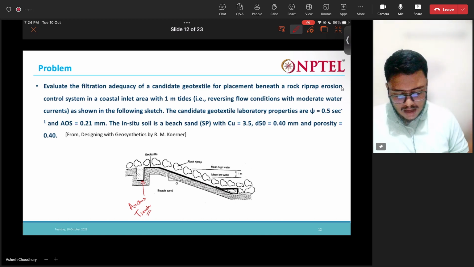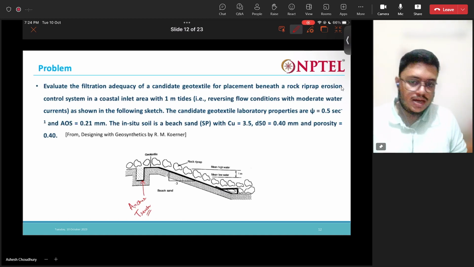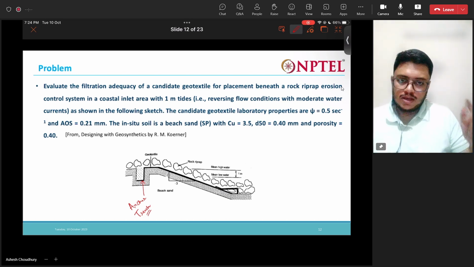The in situ soil is a poorly graded sand with Cu, density and porosity. Now, the mean high water and mean low water, the difference in this height is given.